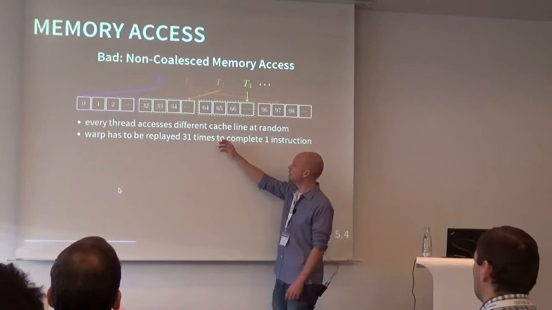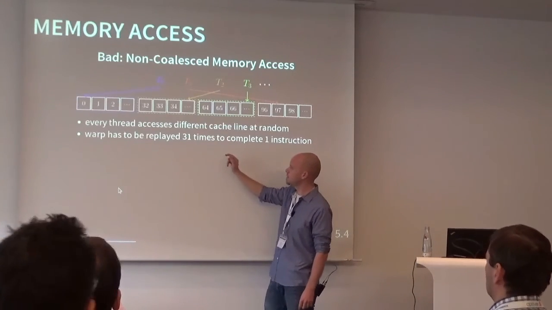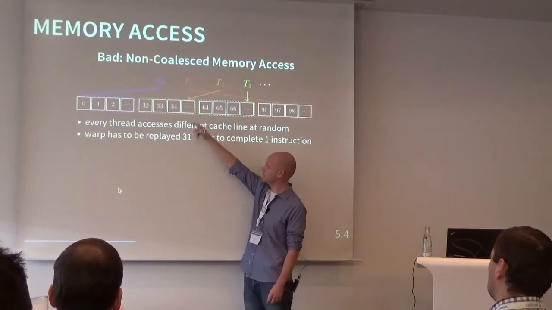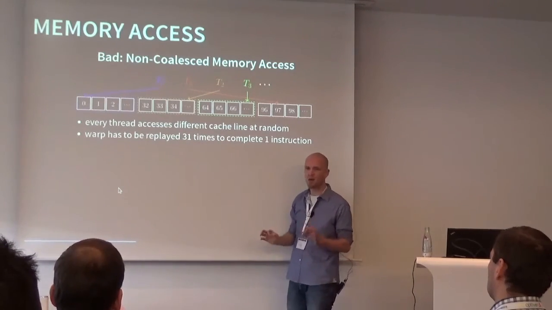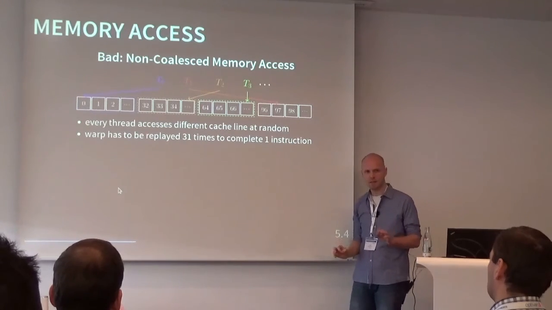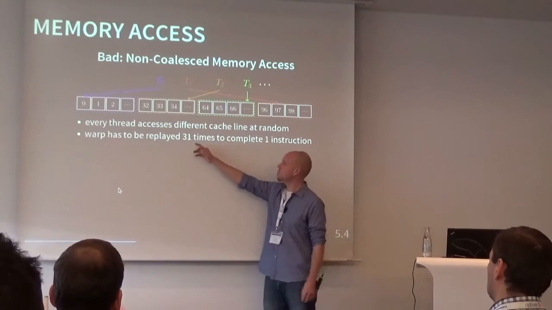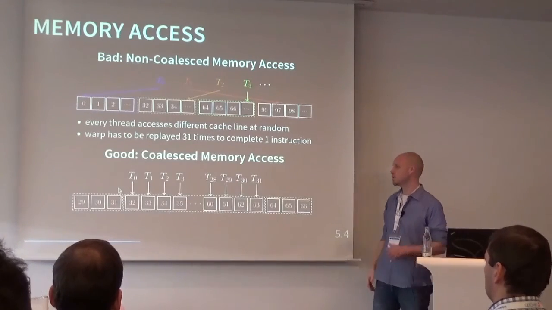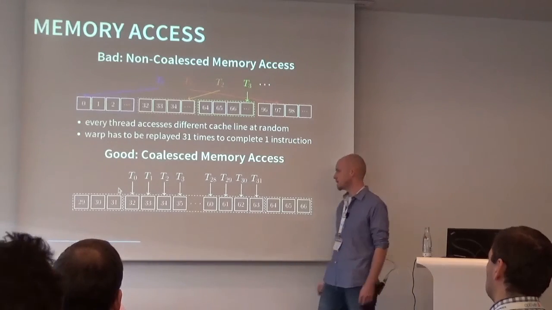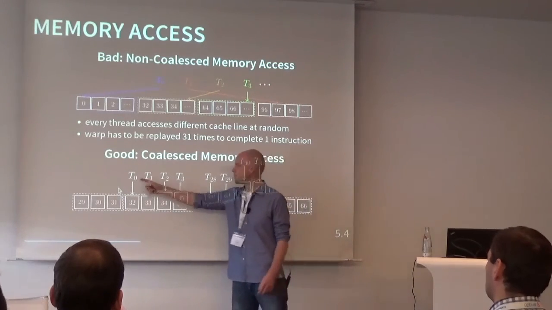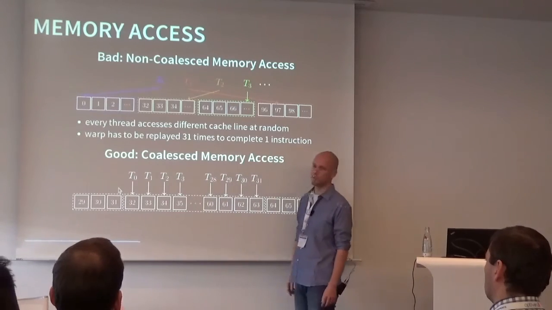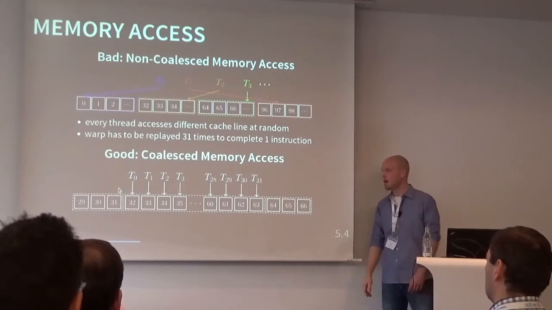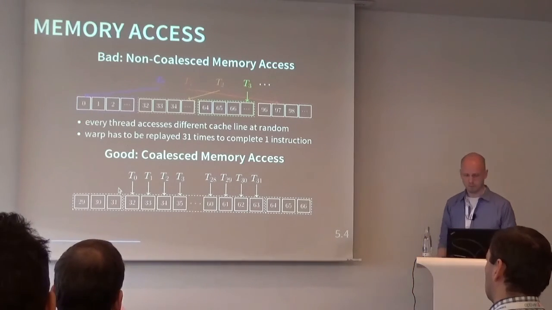Because the memory controller will have to replay the entire warp for each thread's access to the memory, okay? Which means that you execute your warp 31 times more than it needs to be. What you should have done in the first place is assign each thread, for example, one floating point number in memory, which are close to each other. This is called coalesced memory access. So this is something to be aware of.